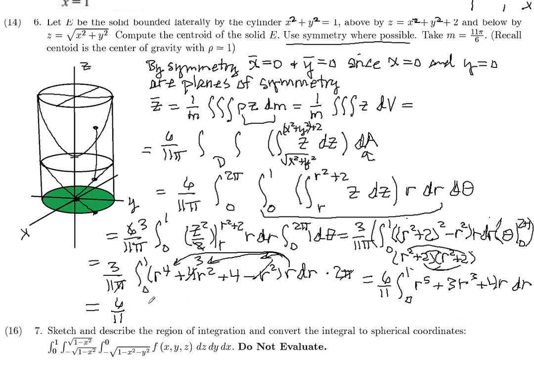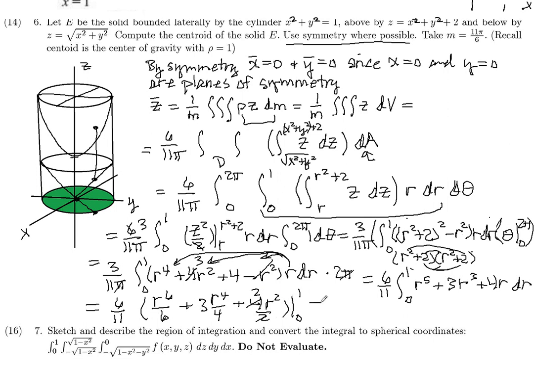And let's see here, it'll be r to the 6th over 6 plus 3 r to the 4th over 4 plus 4 r squared over 2. That gets evaluated from 0 to 1. This 2 will go in there 2 times.